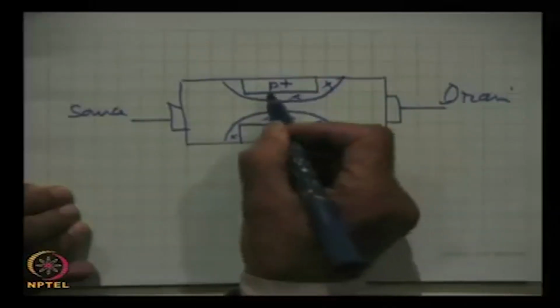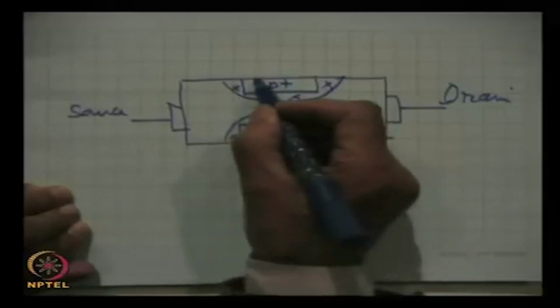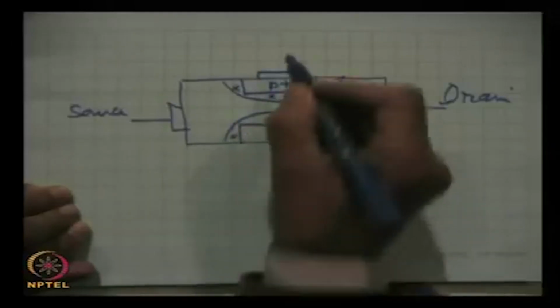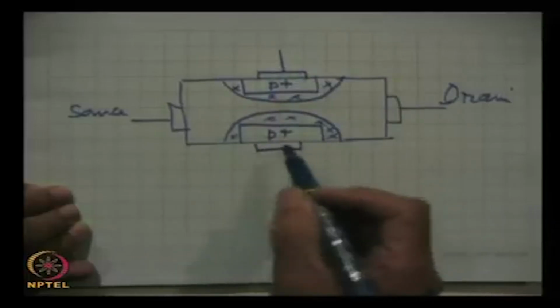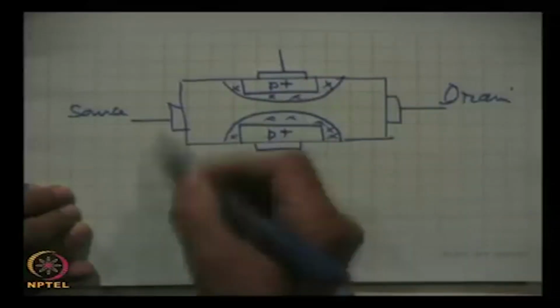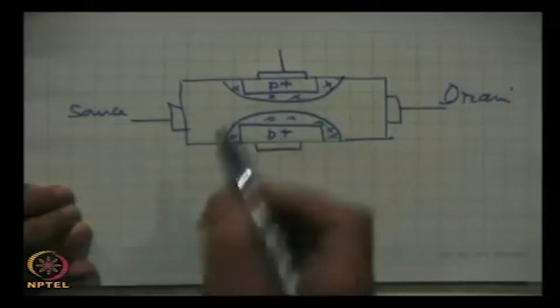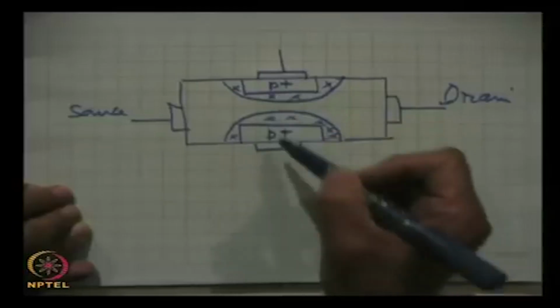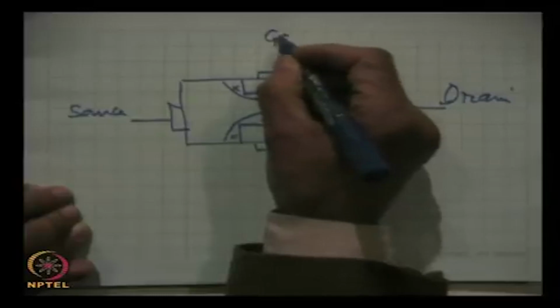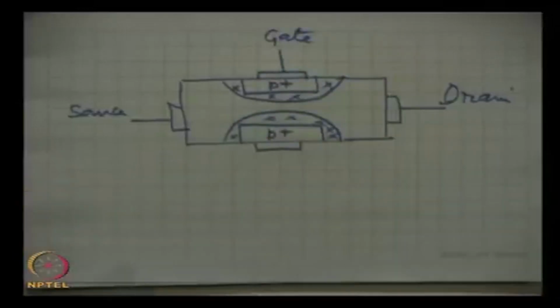Here we put an electrode, here we put another electrode. These two are internally shorted, that means they are connected together. When we apply a voltage, it will apply simultaneously on both the gates. This is very clear.